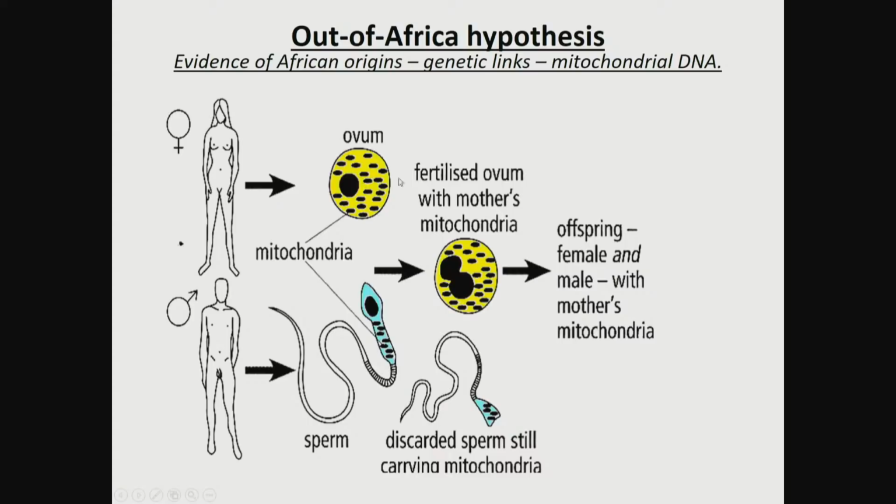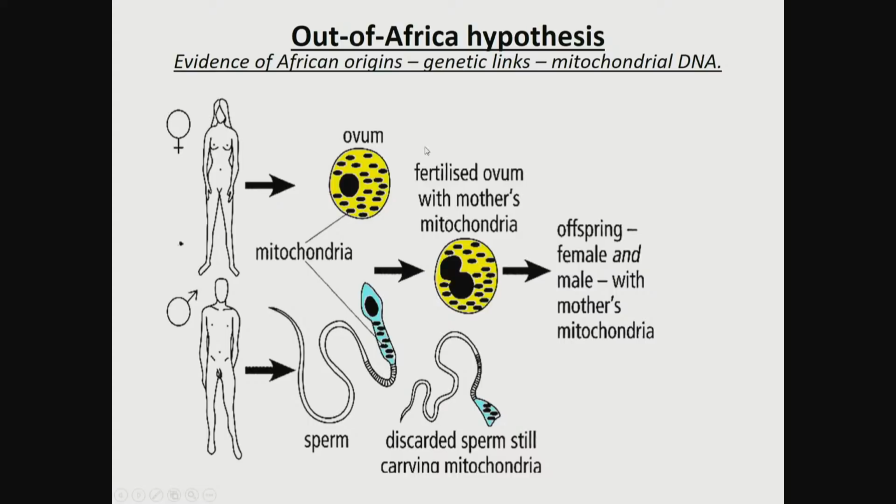Because we can go from individual to individual and look into the mitochondrial DNAs, and then the mitochondrial DNAs will give us markers that we can trace back to Mother Eve.